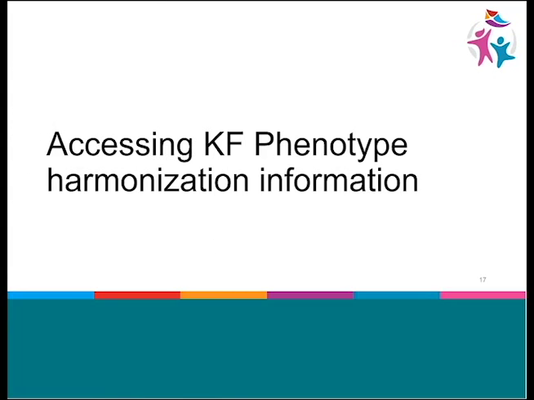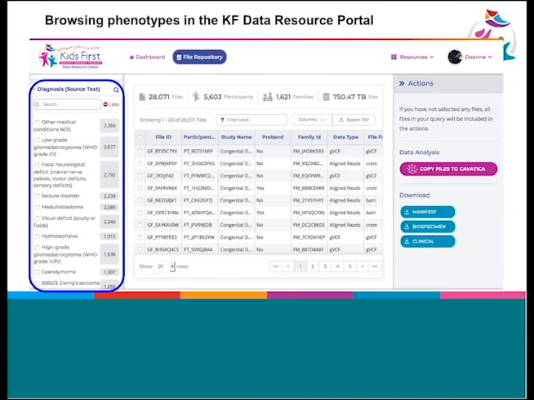So I just wanted to briefly, there may be some people who want to know, how do I actually look at what fields or what information is in the phenotype data? And you can go to the data resource portal, and on the left side, I just highlighted the diagnosis text, but if you scroll up and down, there's a lot of ways to access the clinical data.